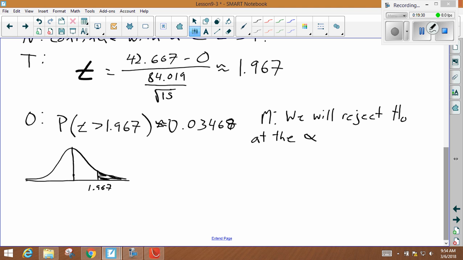So at the alpha equals 0.05 level. All right. So we can say there is significant evidence. So that's our S, right?